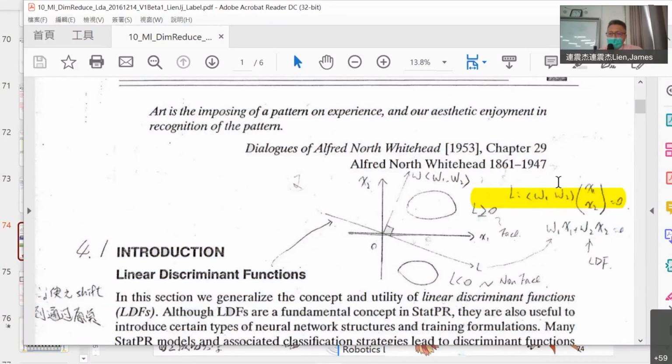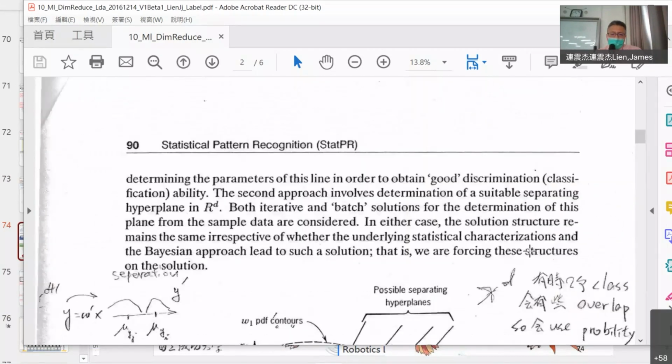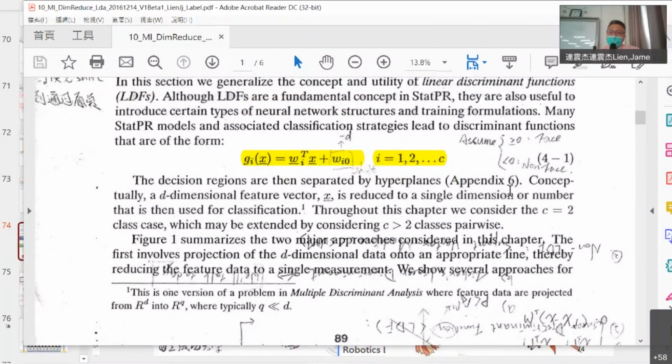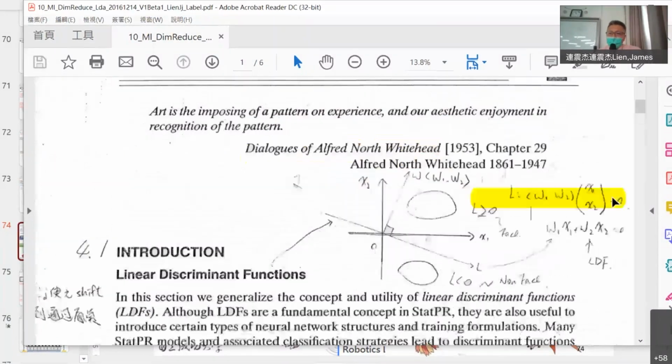So this is equal to AX equal to 0. AX equal to B, but here B equals 0. But here, there is a constant term. So this will be AX equal to the constant term, so this will be W0.